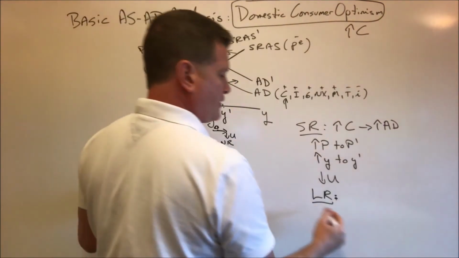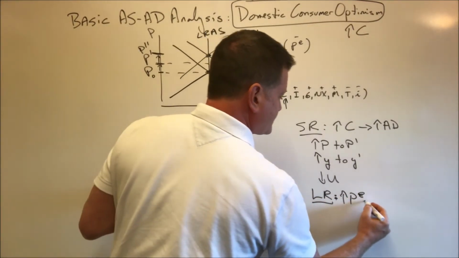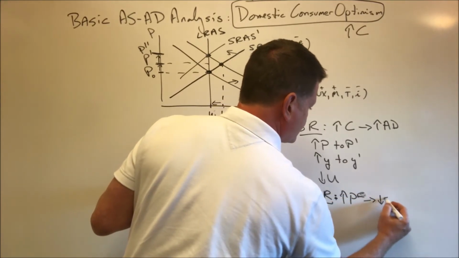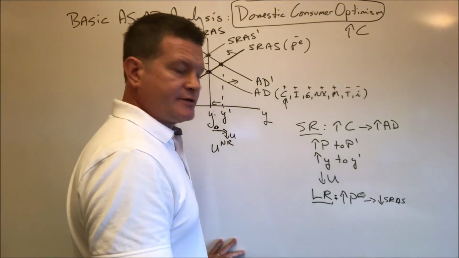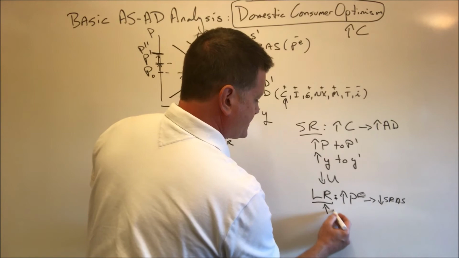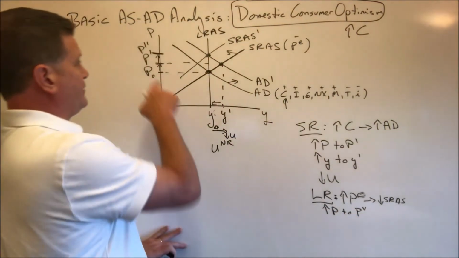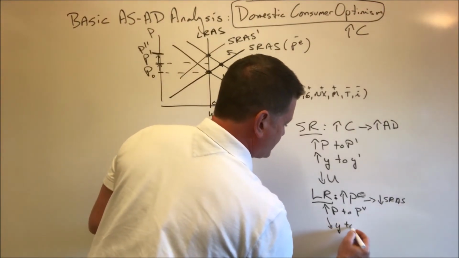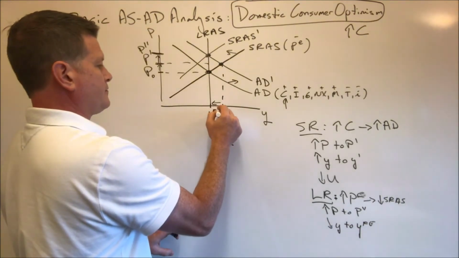So in the long run, there were higher price expectations, and that decreased short-run aggregate supply. That decrease in short-run aggregate supply raised the price level further to P double prime, lowered output back to its full employment level, right?